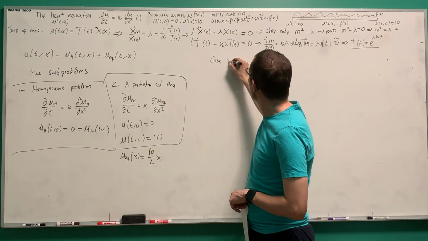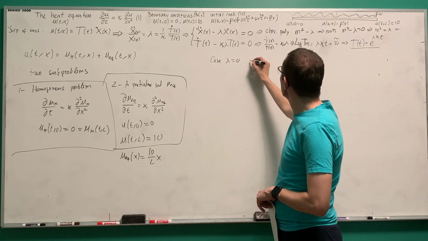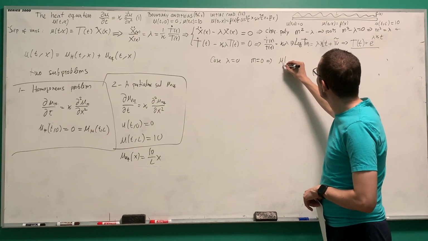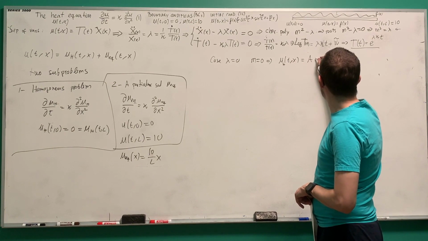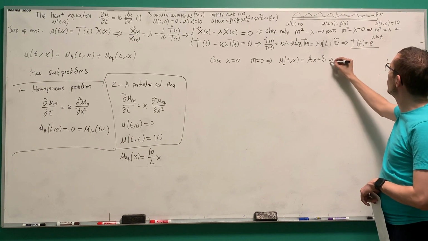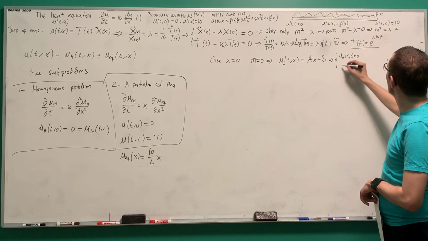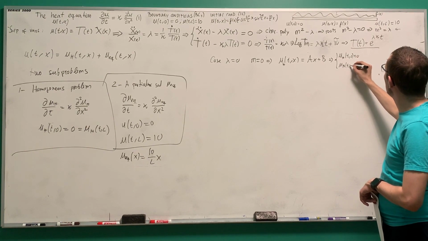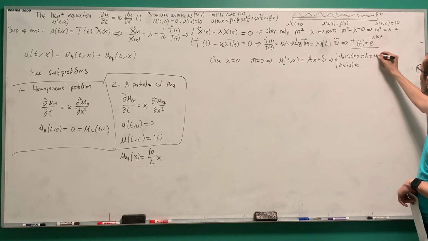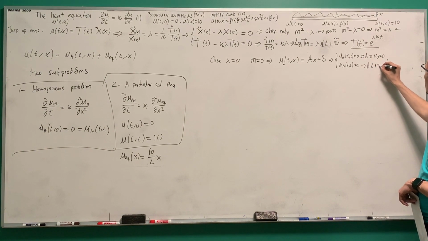We have case 1, lambda equals 0, but then we have homogeneous boundary conditions, and we know that for lambda equals 0, of course, m is equal to 0, and U homogeneous of t,x has to be Ax plus B. But then this is incompatible with the homogeneous boundary conditions, and we see that very easily because U homogeneous of t,0 is 0, U homogeneous of t,L is 0, and this would mean A times 0 plus B equals 0, which means B equals 0, and this one is A times L plus B equals 0.